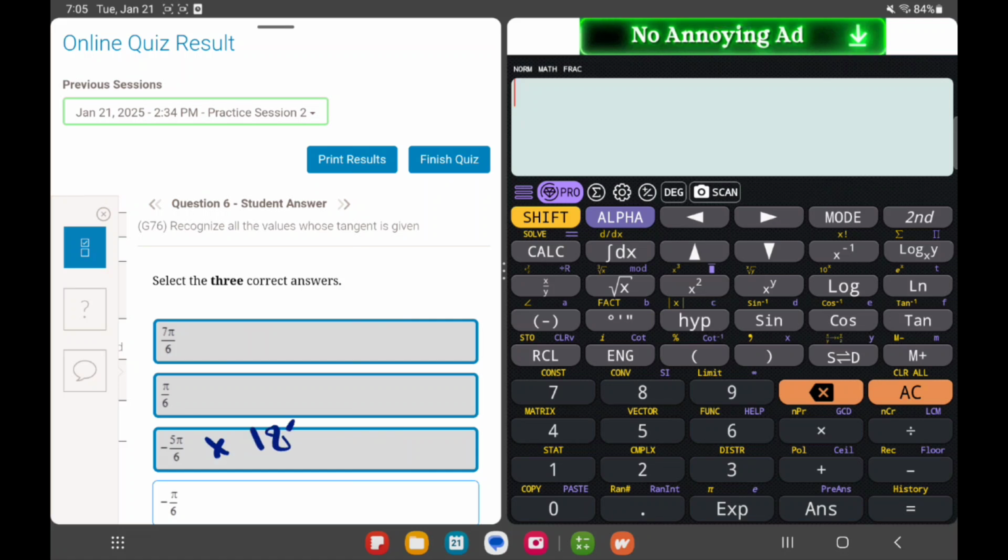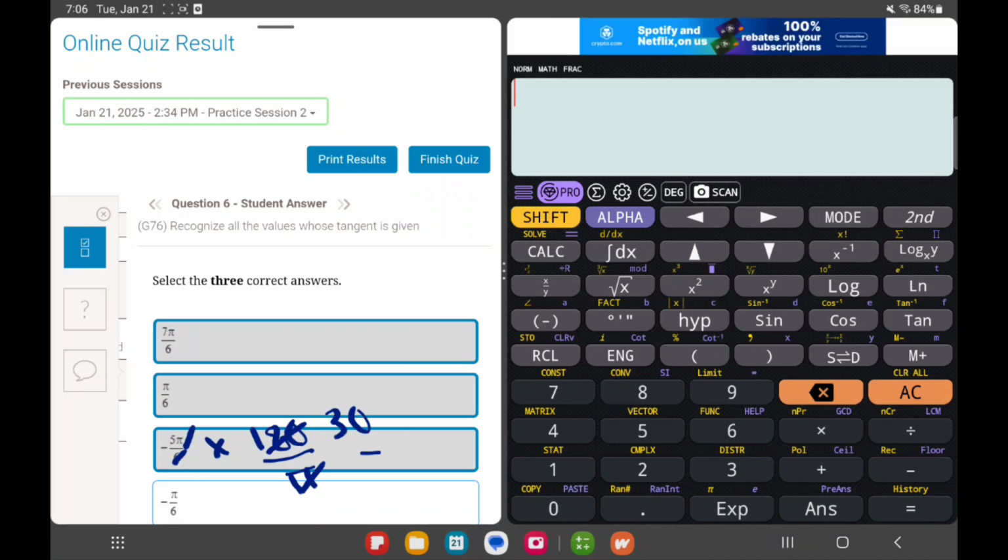Times 180 over pi, cancel, cancel, cancel, cancel. 30, it will become minus 150. Tan minus 150 is radical 3 over 3.